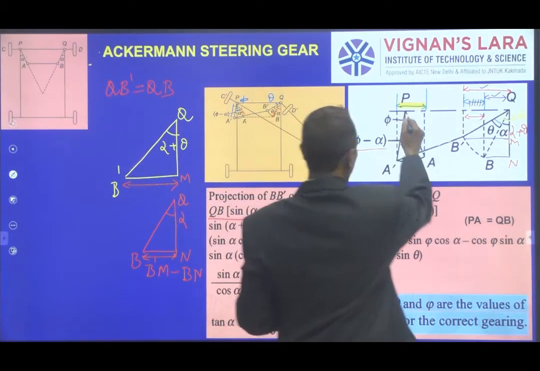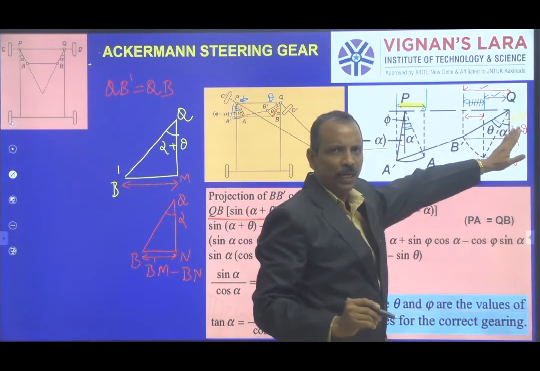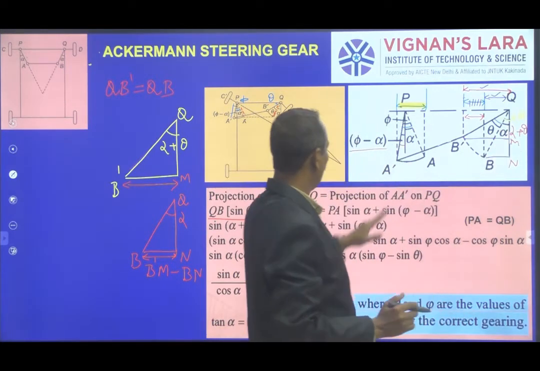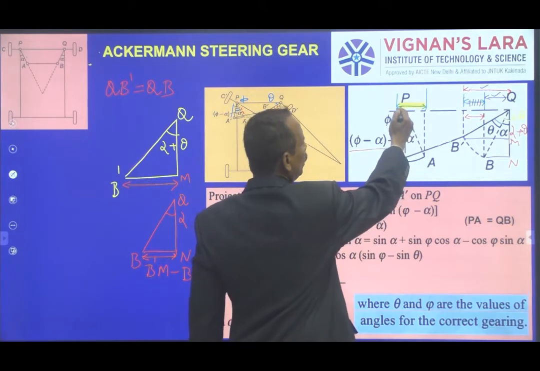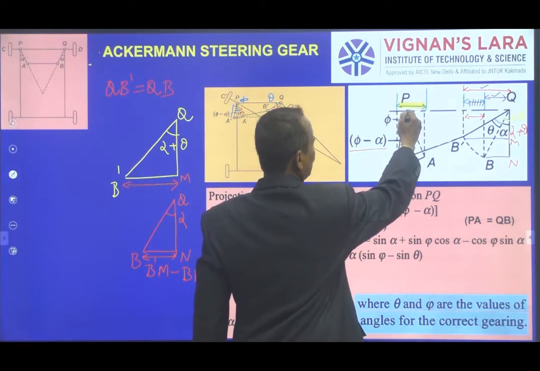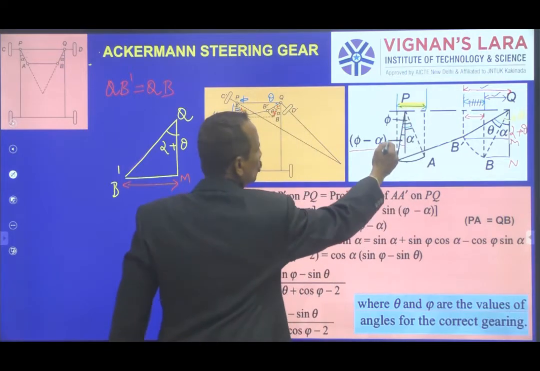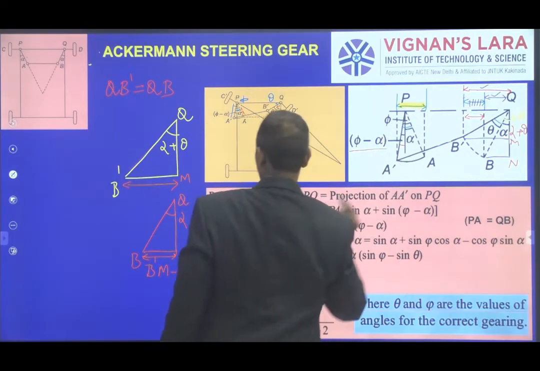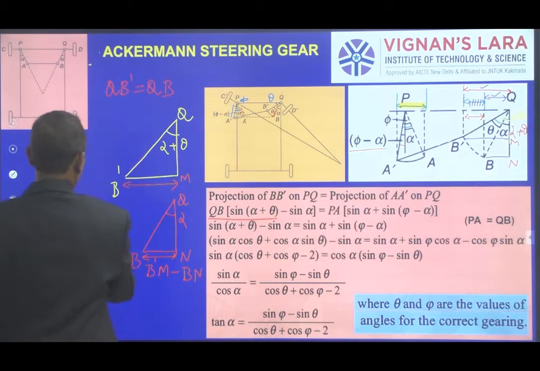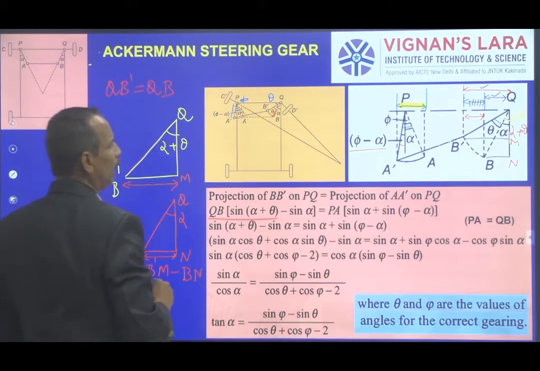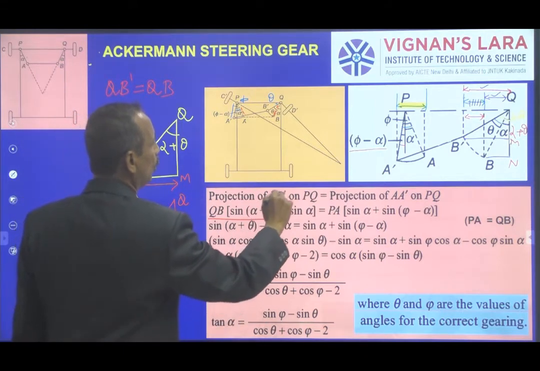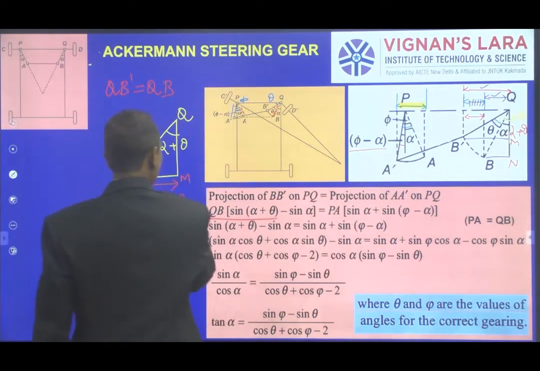In a similar way, whatever I have explained here, with that fundamental knowledge you can apply here. These triangles, that is PA sine alpha. So you can see this is one triangle. This is PA sine alpha. So this is the triangle.